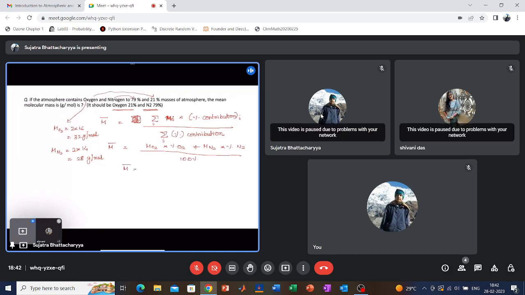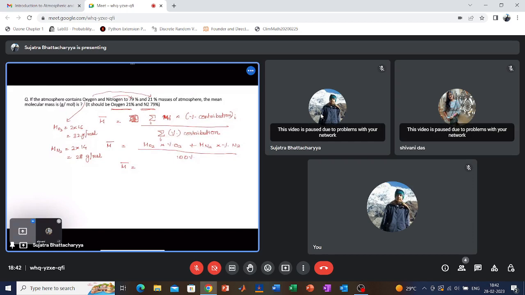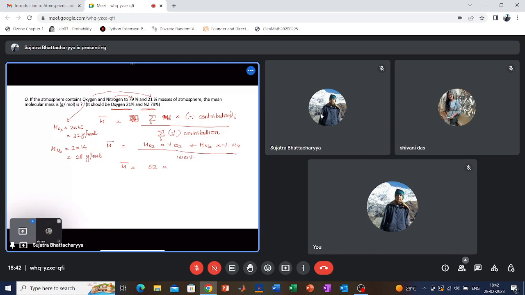Therefore, m bar will be equal to M O2 is 32, and your percentage contribution according to me should be 21, plus the molar mass of N2, that is 28 into 79, divided by 100.